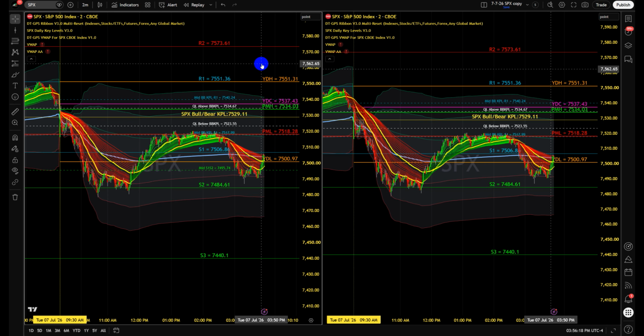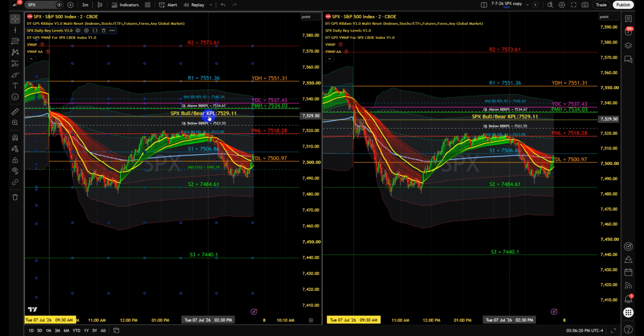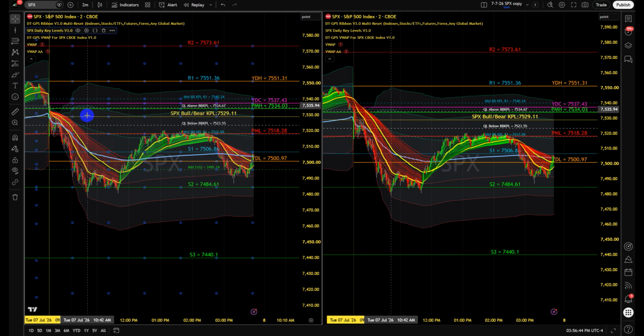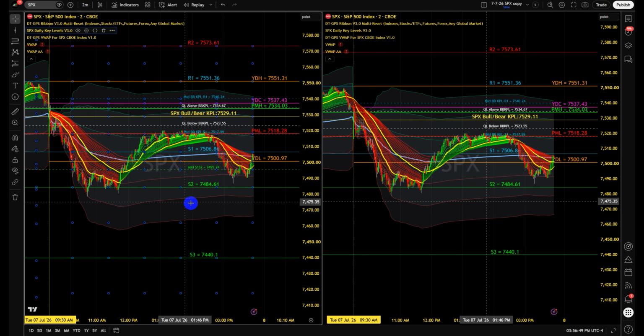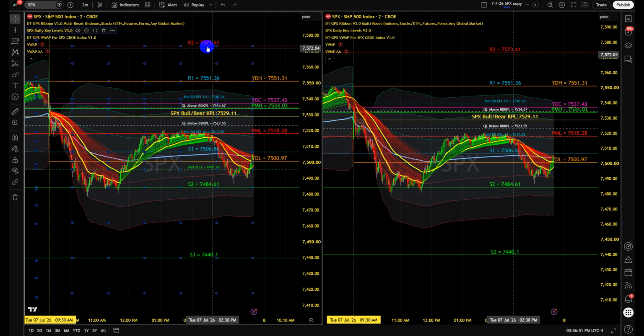A 2-level move, just for clarification, is a 2-level move above and below the bull bear KPL, but that also includes, for example, a move from S2 bullish move back to the bull bear KPL, or a bearish move of R2 down to the bull bear KPL, or a bearish move of R1 down to S1, or conversely, a bullish move of S1 up to R1. The point is that the general range, 80-85% of the sessions, is going to be contained within R2 to S2.